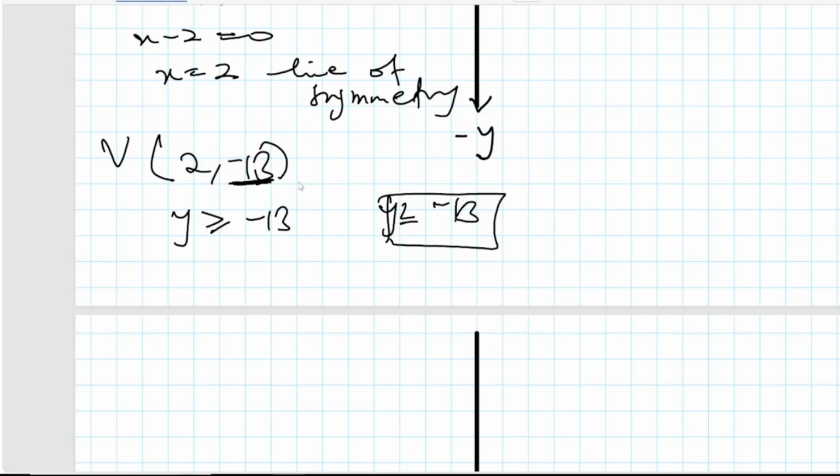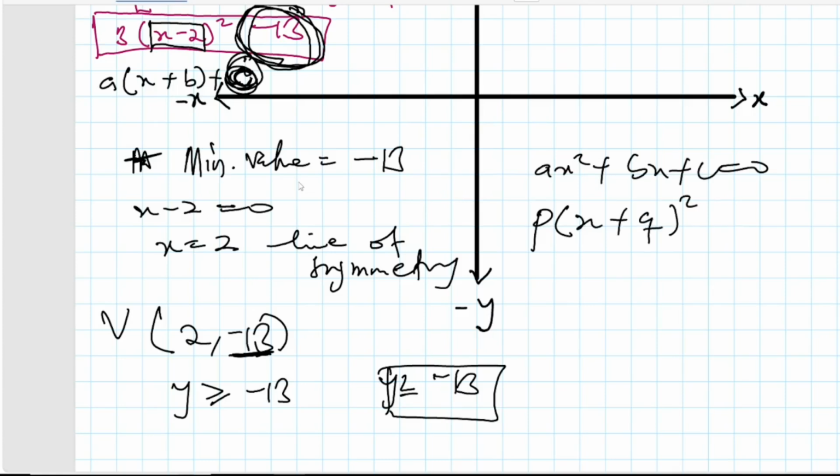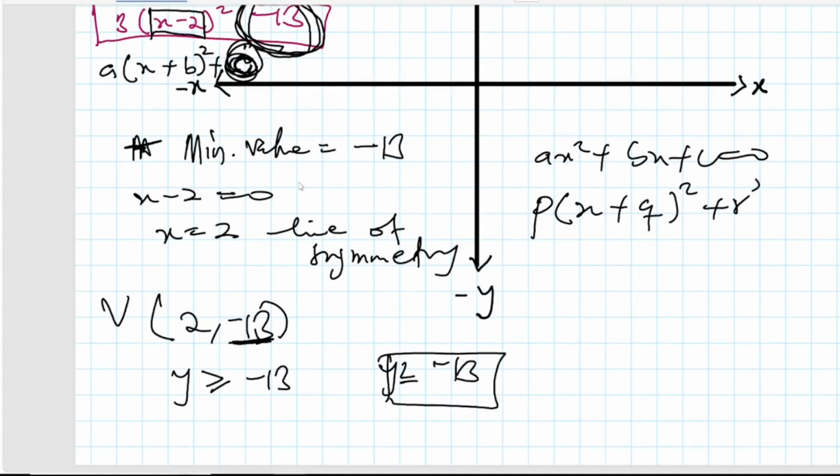So once again, after expressing ax squared plus bx plus c equal to 0 in the form, let me use different variables, p times (x plus q) all squared, oh I omitted the square here, plus r. The value r is the maximum or minimum value and also helps us find the range of the curve.